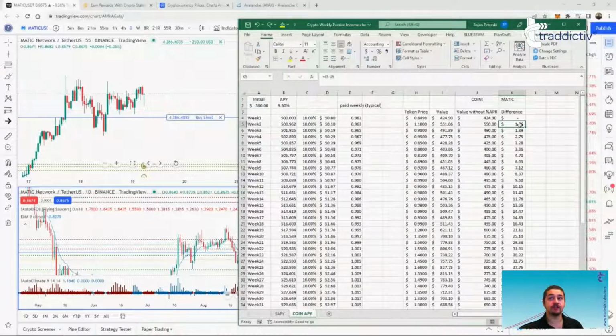But essentially speaking, we are earning per week. Again, this is per week. We're essentially earning close to one token extra per week. So right now, initially on this buy, we have 4386 total tokens, right?